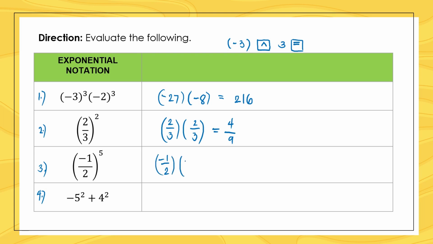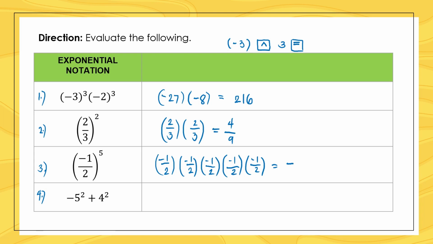Same process. Even if we're multiplying a lot of fractions here, same process. Just multiply all the numerators by each other, and then the denominators by each other. So we'll simply have negative times negative times negative times negative times negative, so that is negative.